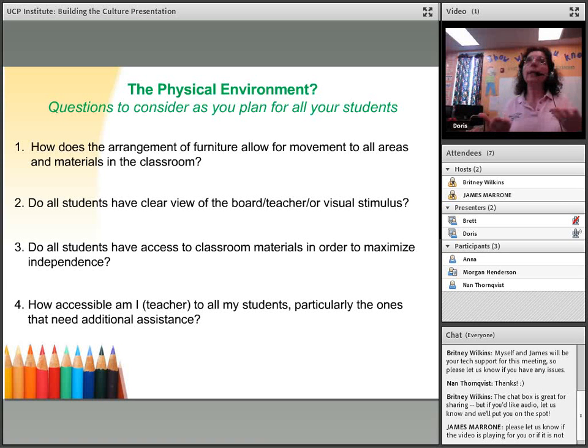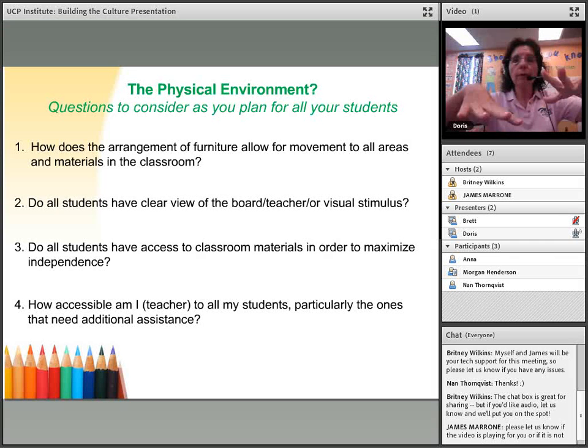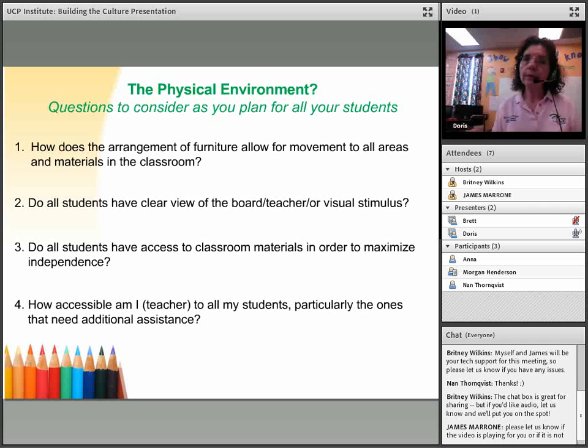Sometimes you start putting things, well, the kids who are sitting in the back over here, they don't need me so much, but the kids sitting in the front, well, they need me a lot, and so they're going to sit in the front. You have to think also in terms of self-esteem, in terms of if all the students with disabilities who are sitting together, that may not be best for everyone in the classroom.